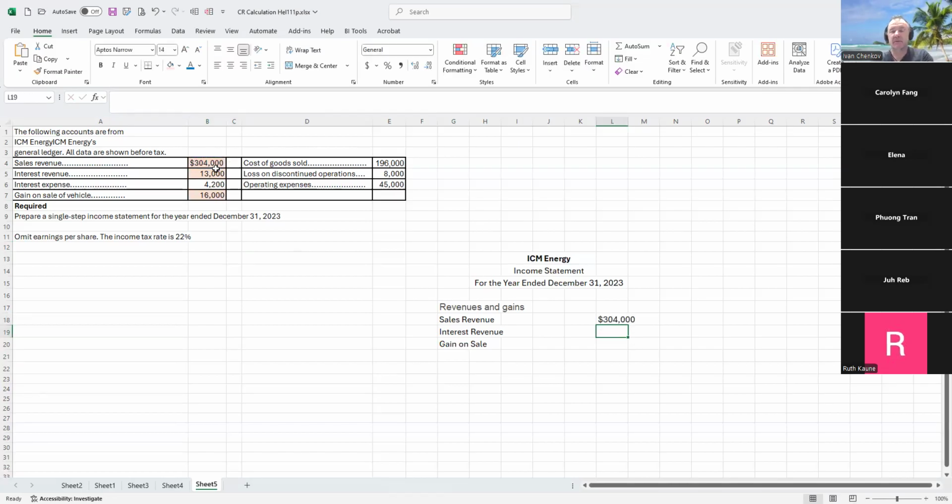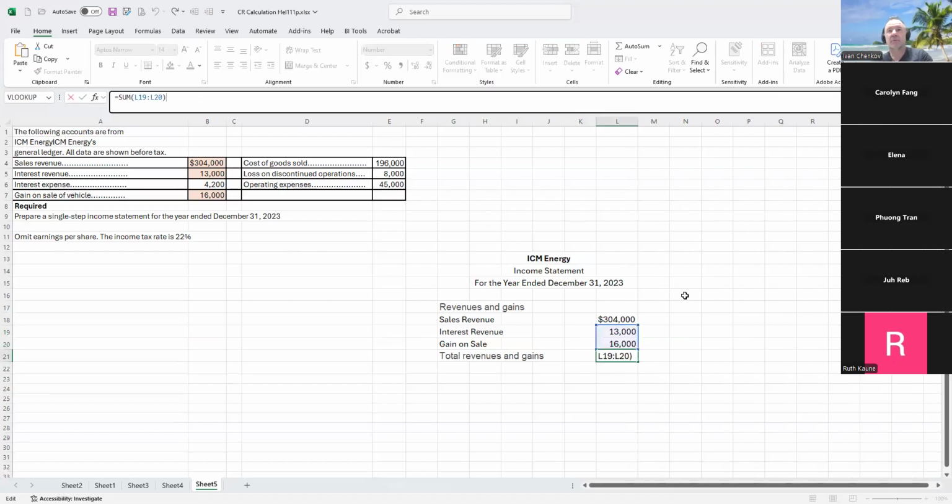Get this one first, that will be the second one, and that will be the third one. Then you have to show the total revenue and gains, which is going to be very hard to get, but not impossible.